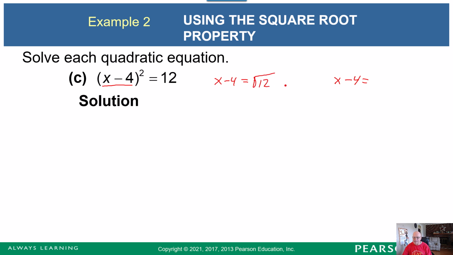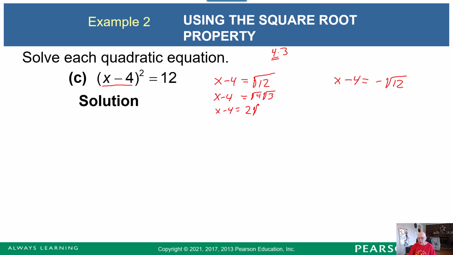This x minus 4 will equal negative 2 square root of 3. So finish this up, add 4 to both sides, and one solution is 4 plus 2 square root of 3. And over here, x equals, you can see what's going to happen. It's very similar. 4 minus 2 square root of 3. You've got your two solutions.